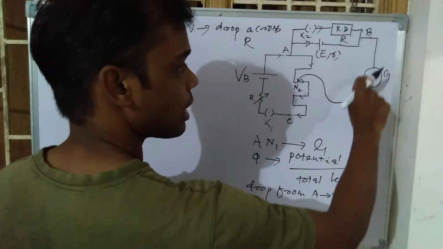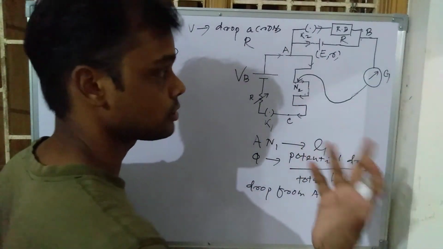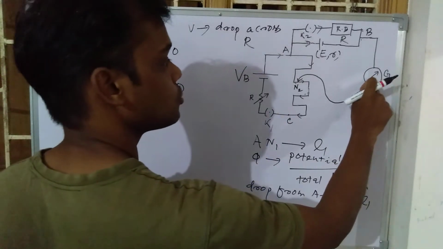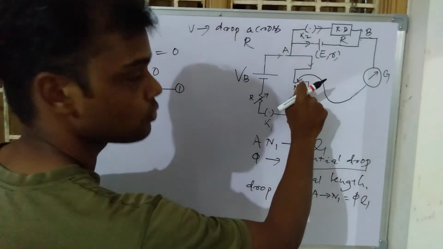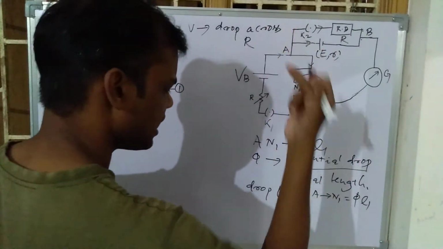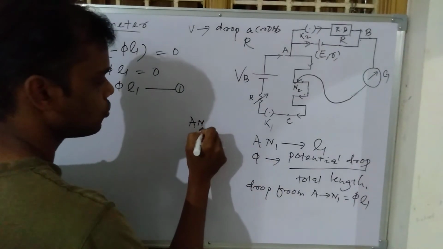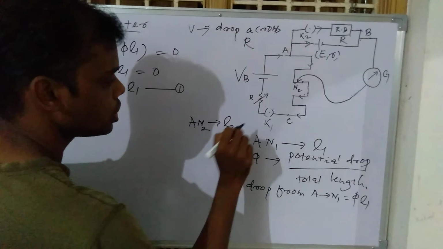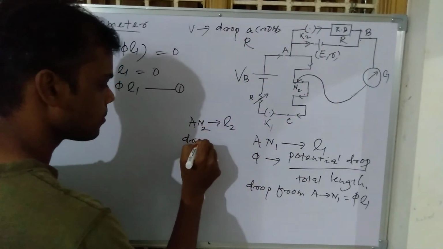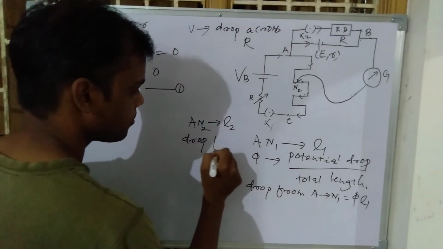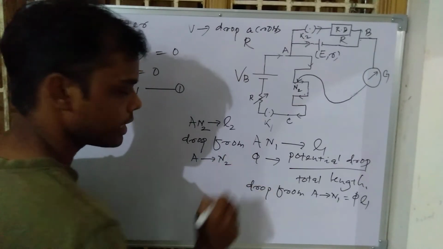From point B through the galvanometer, it shows zero deflection, as well as it drops zero voltage. So nothing will be written for the galvanometer. Through this path to N2. Now from N2 to A, let the length AN2 be L2. If the length is L2, then what will be the drop from A to N2?